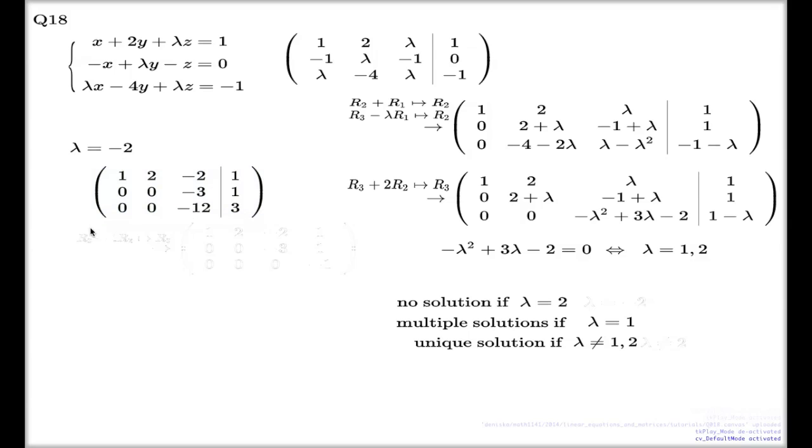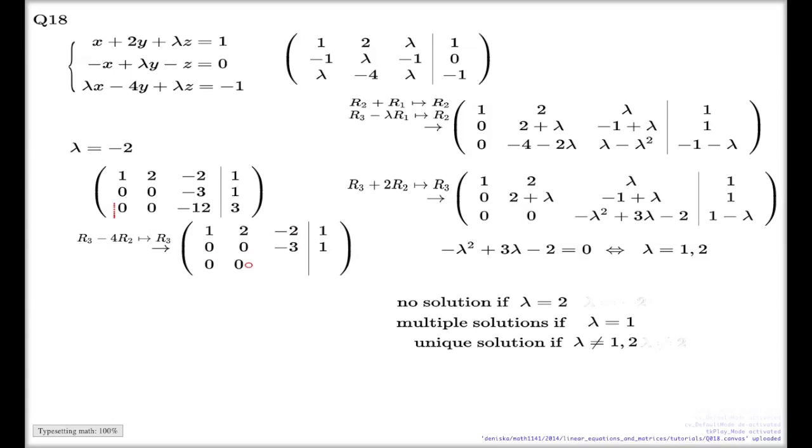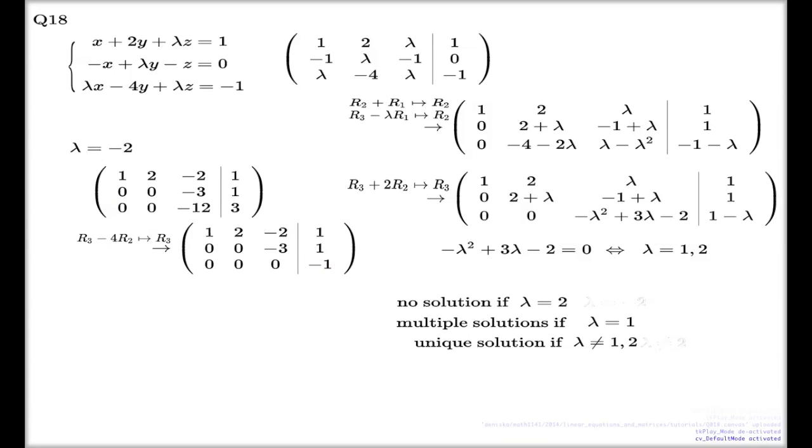For this particular matrix, we require this elementary operation. Now we're going to use -3 as a pivot. If I multiply my second row by -4 and add it to the third one, the result will be like so.